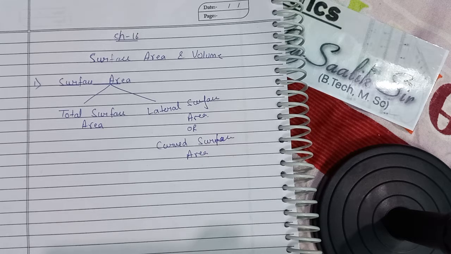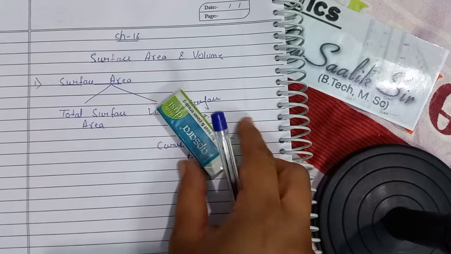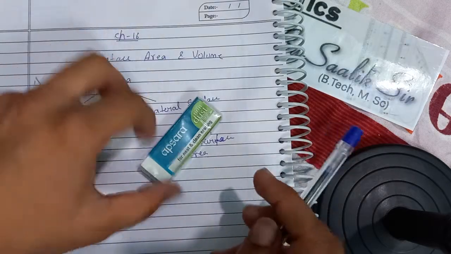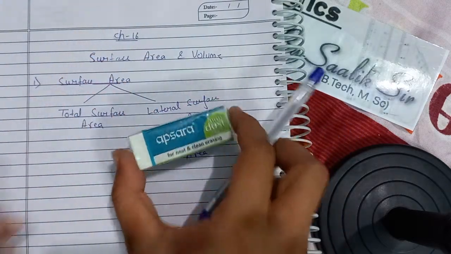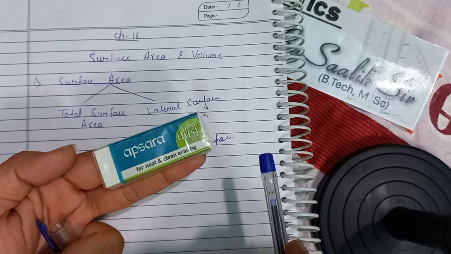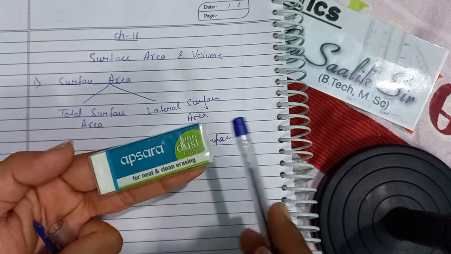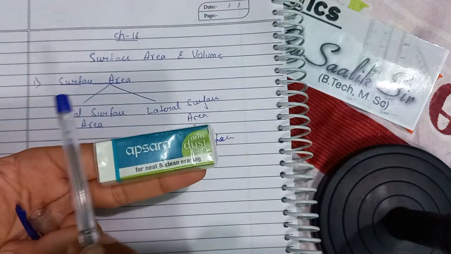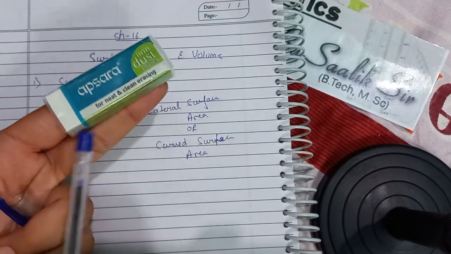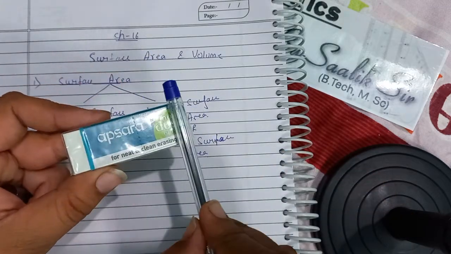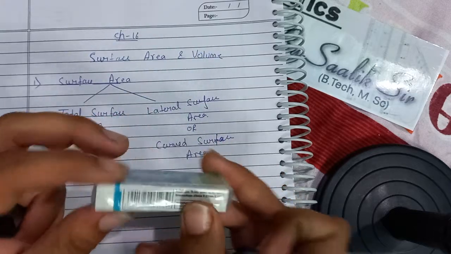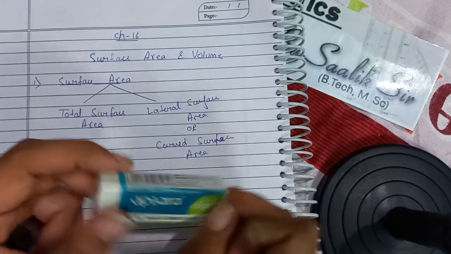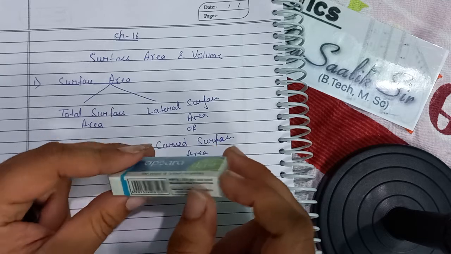Let us explain another example. This is the box. If I talk about the total surface area, it means I have to take this area, this area, this area, this area, this area, and this also. If I take all the 6 faces, then it is called complete surface area, means total surface area.